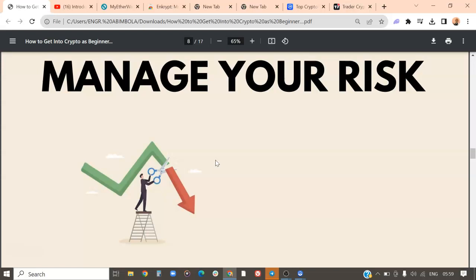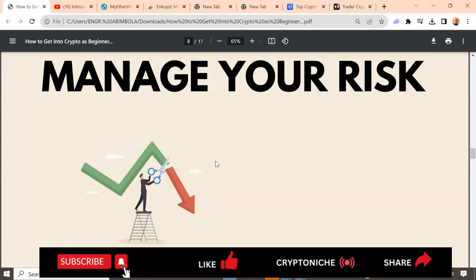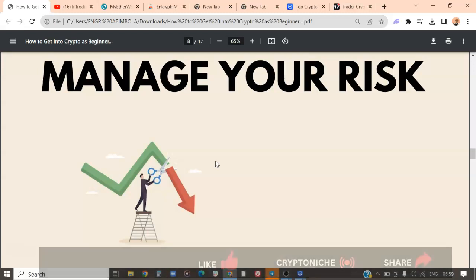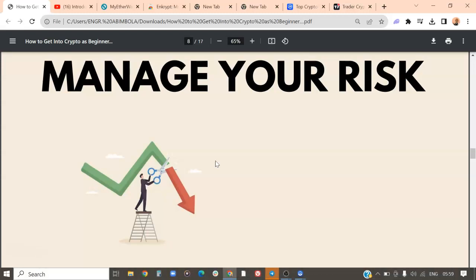Go online, do extensive research on how to manage your risk, because you are a personal risk manager. You will not be managing risk for individuals, groups or corporate organizations, but you are a risk manager for yourself, and you must manage that effectively and correctly.